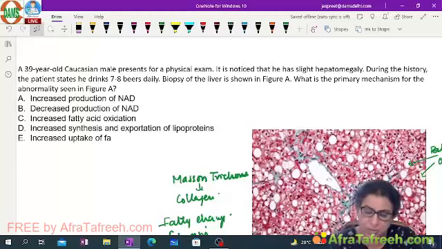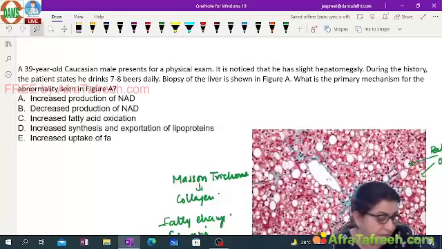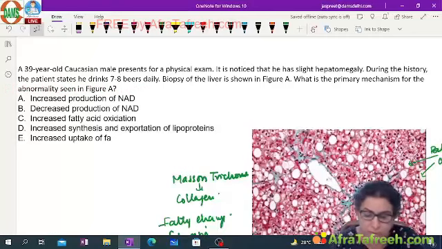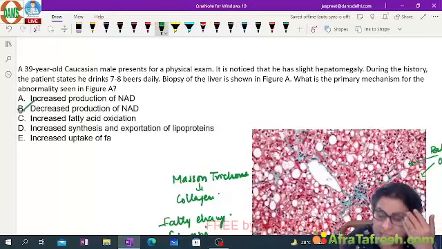I have already told you this mechanism in detail. So yes, the answer is decrease. Absolutely correct, Adesh and Ayush. So it is decreased NAD production.